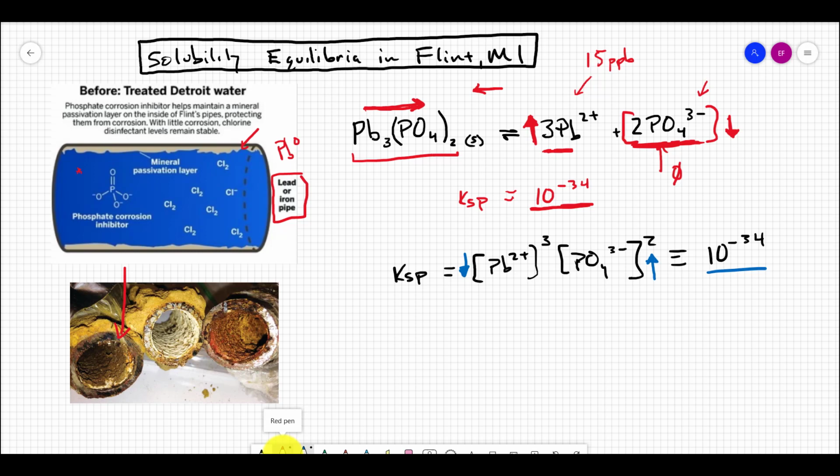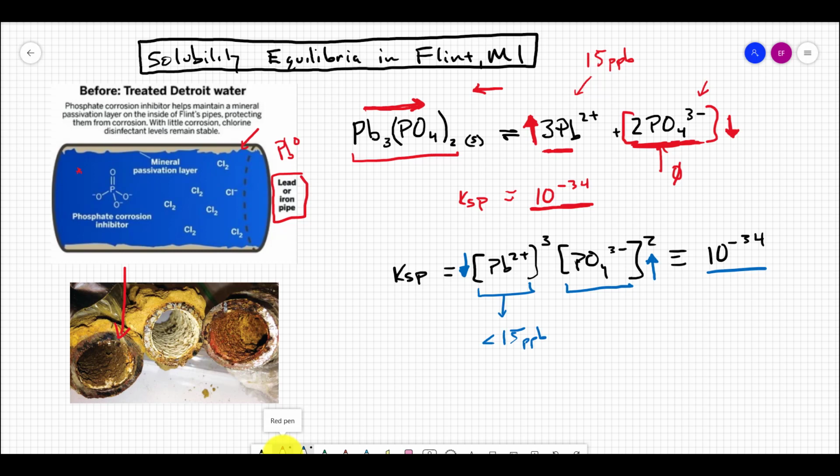And in a worksheet that you're going to walk through, you're going to go through a series of scenarios in the Flint case, where you can compute the minimum level of phosphate ion concentration that a city would need to maintain to keep the lead 2 plus concentration below 15 parts per billion. So it's a computation as simple as that.